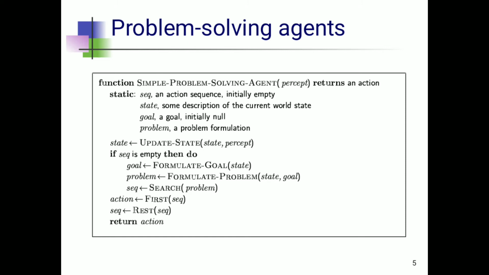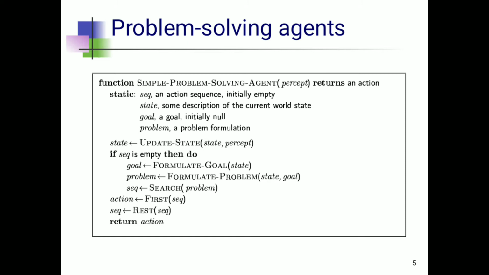Then there is one more function, update state. The responsibility of this function is to update the state given the current state and the perceived sequence. And the rules are: if the sequence is empty, then the agent will formulate the goal based on the given state.